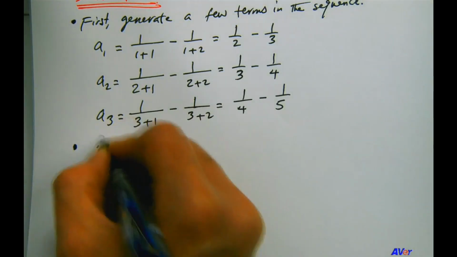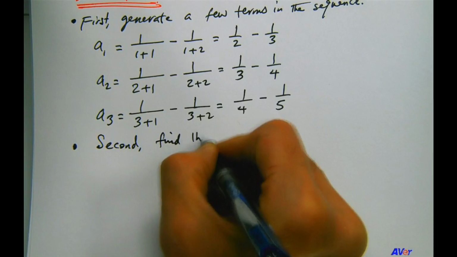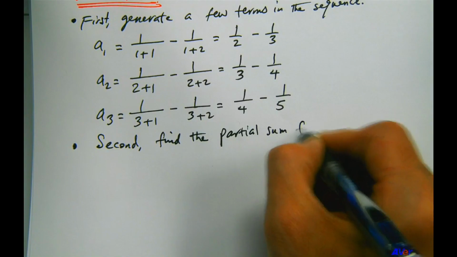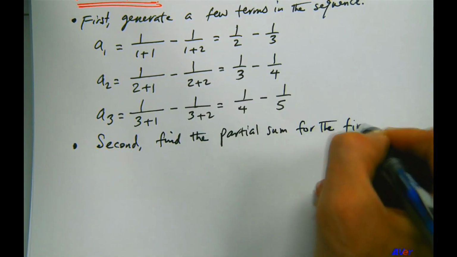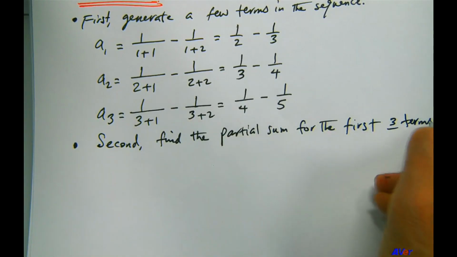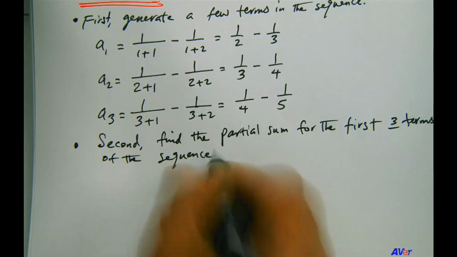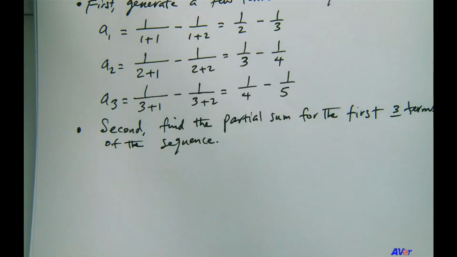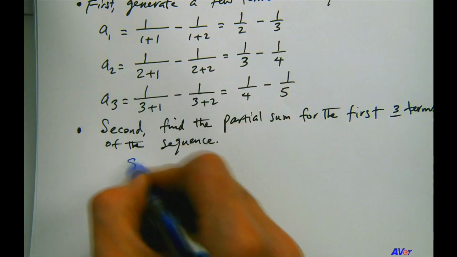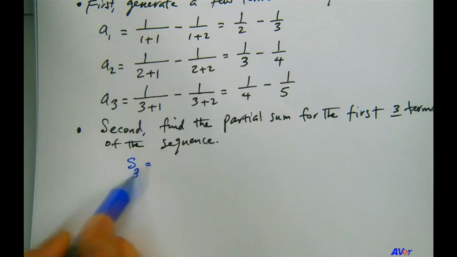So the partial sum in this case would be, let me make that clear, second, find the partial sum for the first three terms of the sequence, which we just calculated. If we do that, we get A1, A2, A3. So what is S3? That's the partial sum for the first three terms.